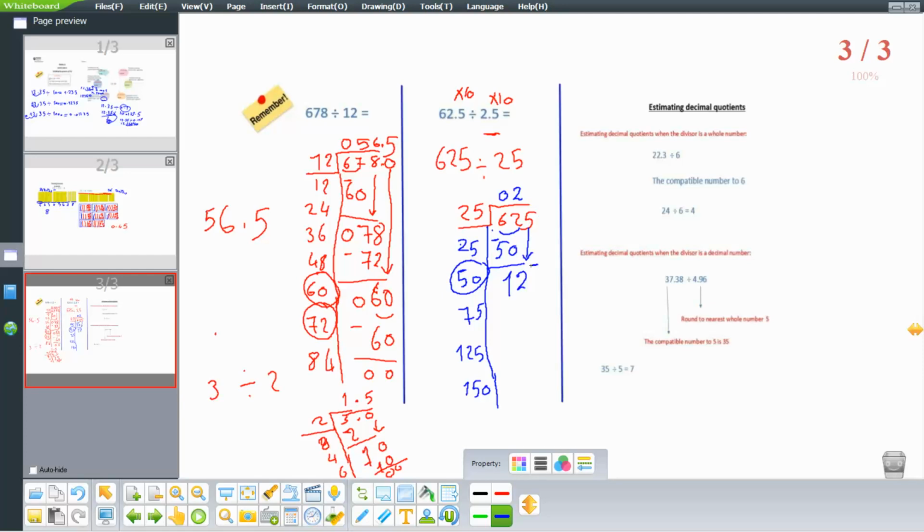And drop 5. 125. Yes, we have the number. So 125, let's count. 1, 2, 3, 4, 5. So the answer is 5. So it will be 125. Subtract.